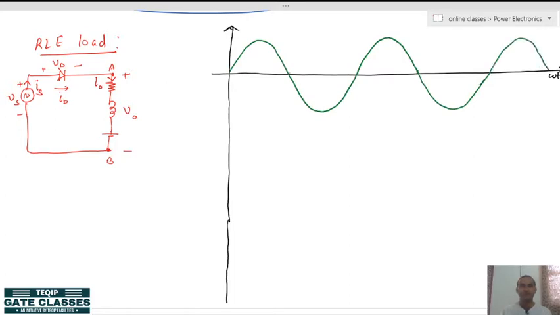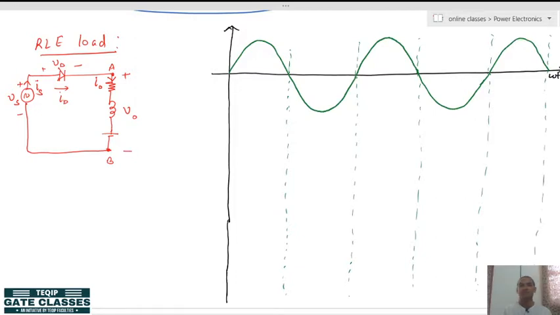Let's mark the instants first. And now let's mark the E value.